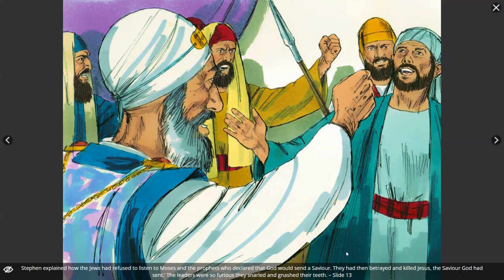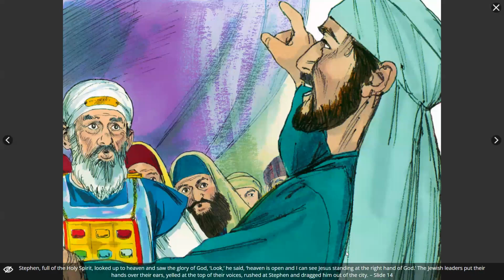So Stephen began with a great long sermon, if you ask me, about how the Jews rejected the Messiah. And they didn't like that. Boy, they didn't like that. So they got angry. Stephen, full of the Holy Spirit, looked up into the heavens and saw the glory of God.